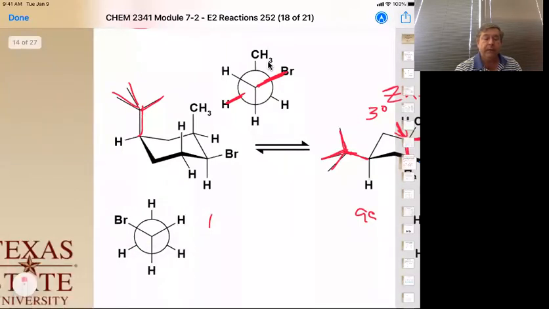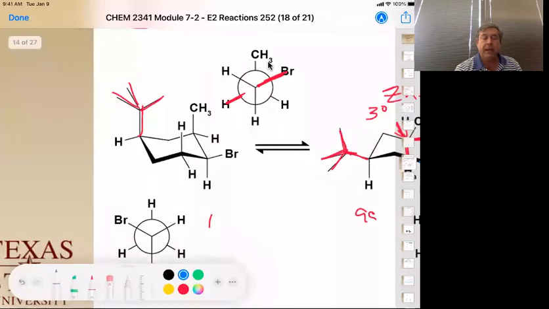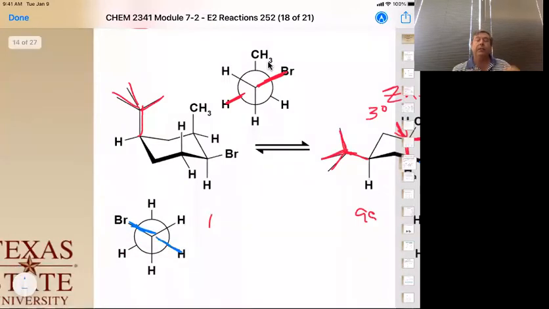Both of the conformations have bromine opposite a hydrogen, so both conformations can be produced. However, this is our tertiary hydrogen, and it'll be favored. This is our secondary hydrogen, and it'll be slightly less, but it'll still work because they both have that 180 degrees apart.